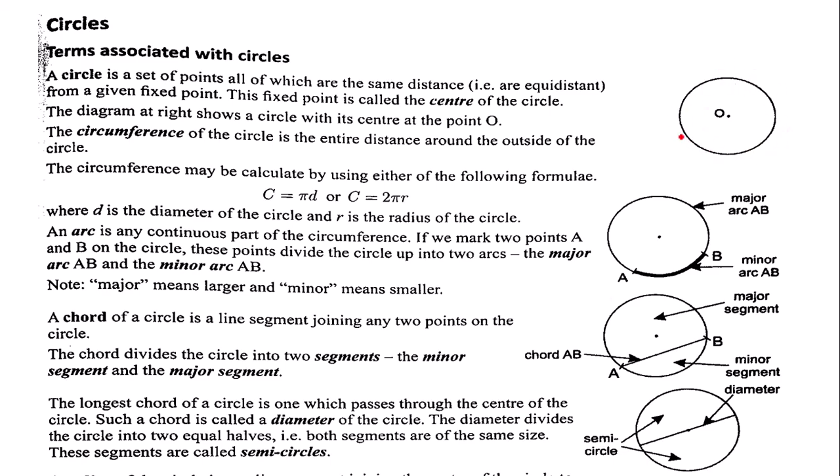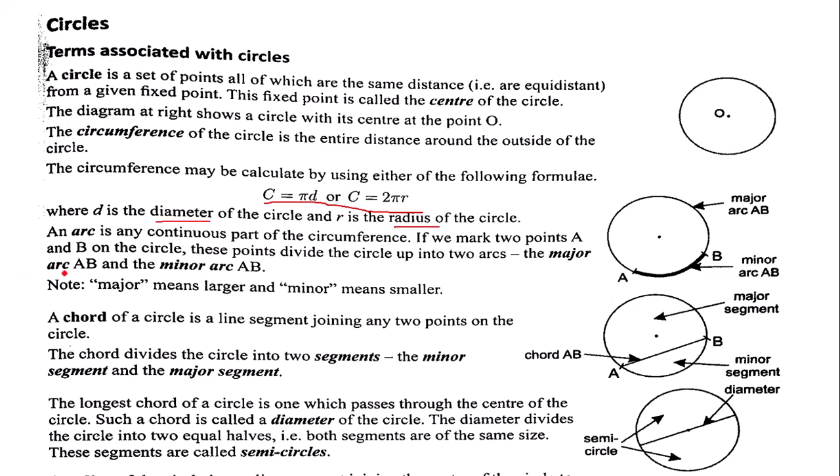It's actually like the perimeter of the circle, but a circle is a unique shape, so it's given a unique name, circumference. And also it's kind of like going in a circle, and so we call it circumference. The circumference is calculated using this formula, pi d or 2 pi r, where d is the diameter and r is the radius of a circle.